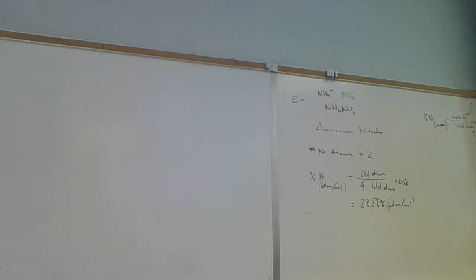But what is this 1.0079? That's the average. Are you going to find any hydrogen atoms that weigh 1.0079? No. You're going to find most of them weighing 1.0078, and some weighing 2.0141, 3.01.